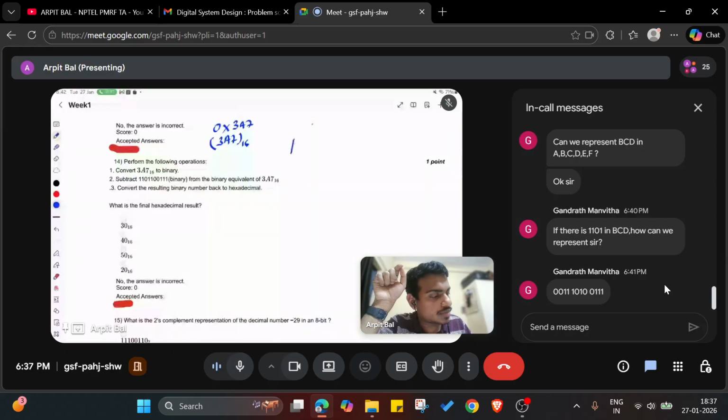Basically I have two digits present here; this can occupy 0 to 9 and this can occupy 0 to 9, and I do not have an option for anything above that. So I can't have 1101. That is invalid.